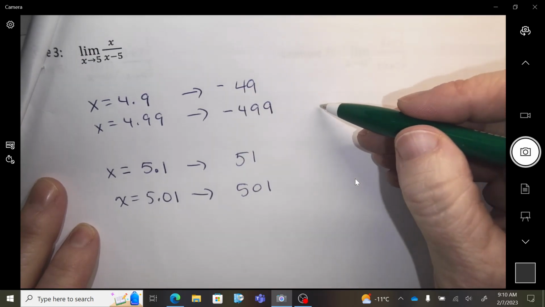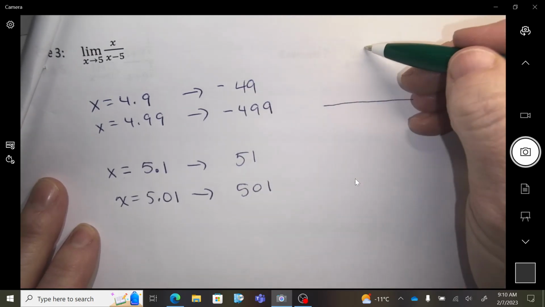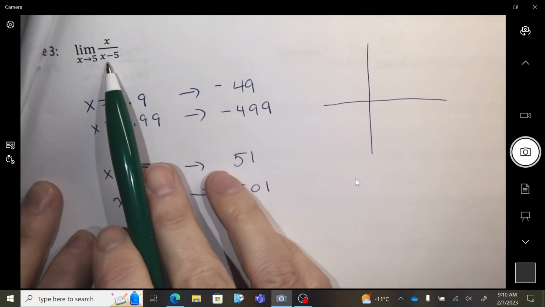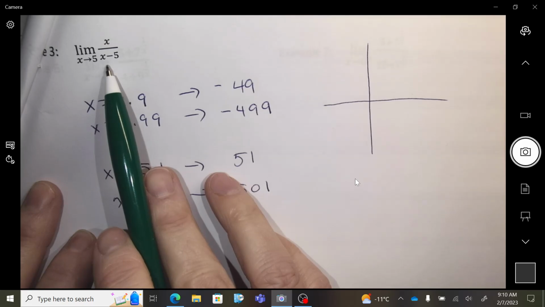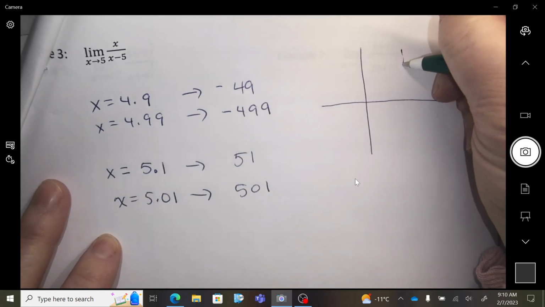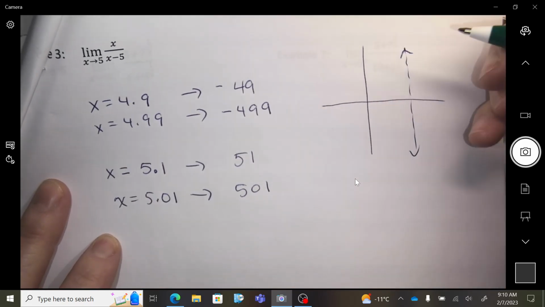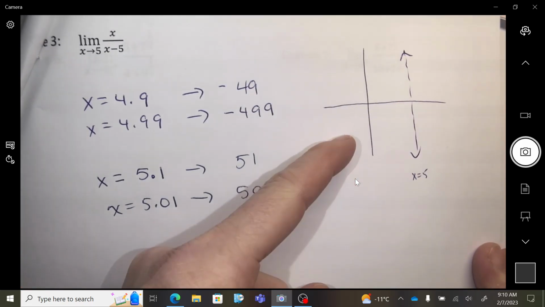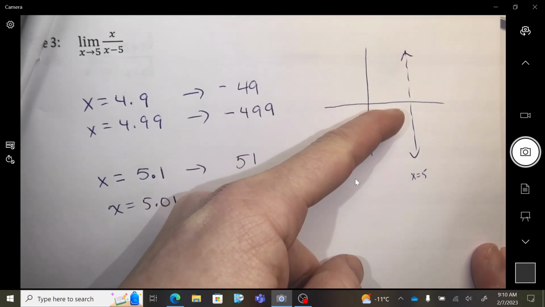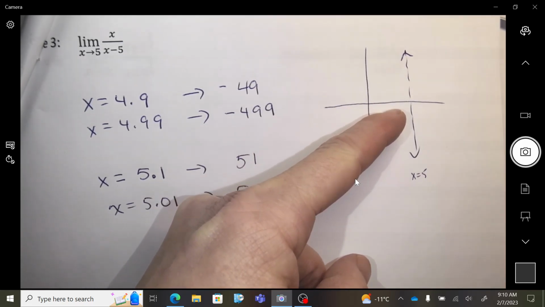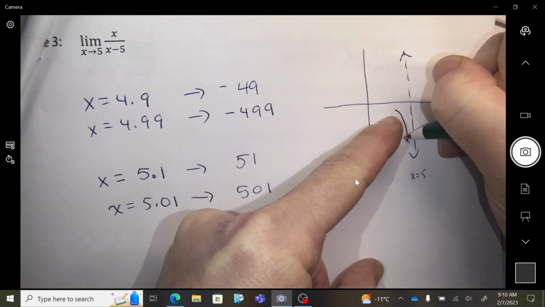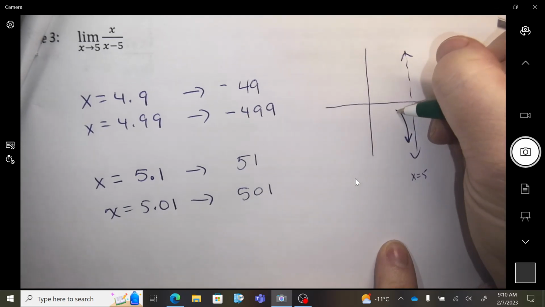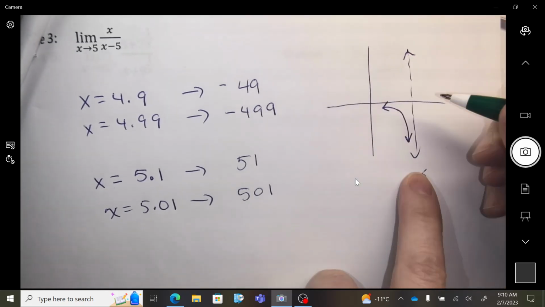Okay, I'm going to kind of map this out for you. I'm going to make you think visually here. Do you remember that this would have a vertical asymptote at 5? Okay, so here I'm coming along the graph this way. So 4.9. Do you understand that the graph would be going like that? Right?